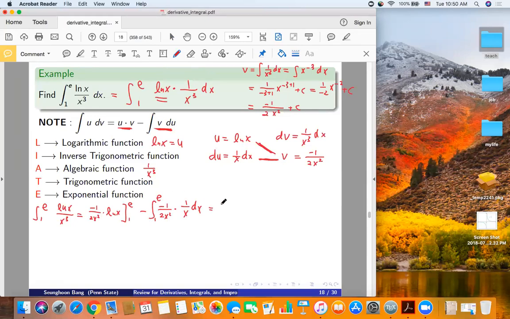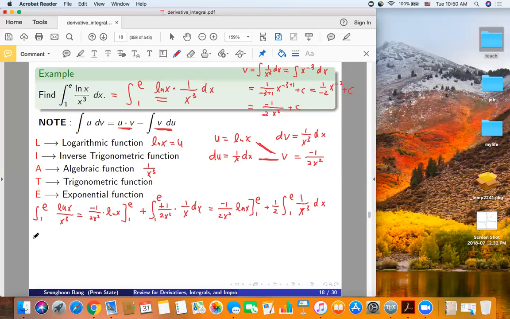Second, keep the negative 1 over 2x squared times ln of x from 1 to e. The one more negative you can change to positive. Take out 1 over 2, so we have plus 1 over 2 times the integral from 1 to e of 1 over x cubed dx.